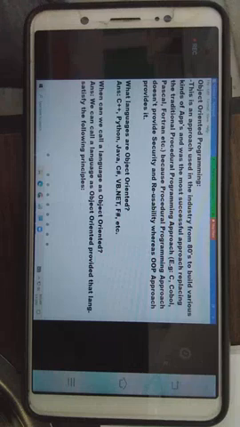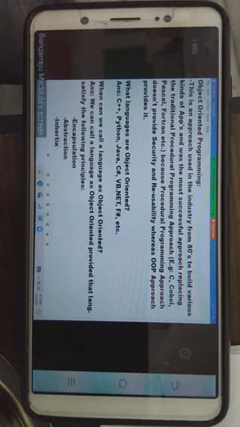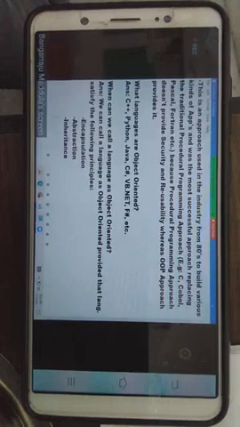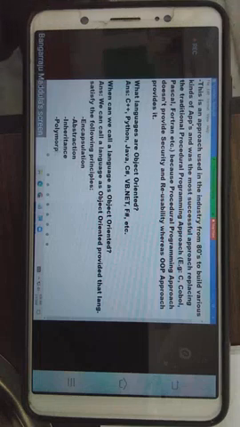What are the following principles? First one, encapsulation, abstraction, inheritance, polymorphism.